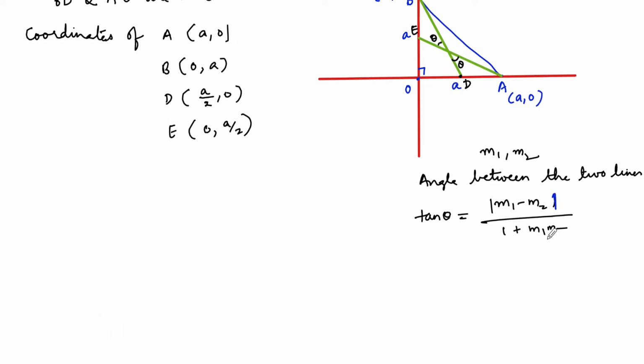This is the formula to find the angle. If theta is an angle, so we can have tan theta equal to. So for that, let us find the slopes of the two lines BD and AE.